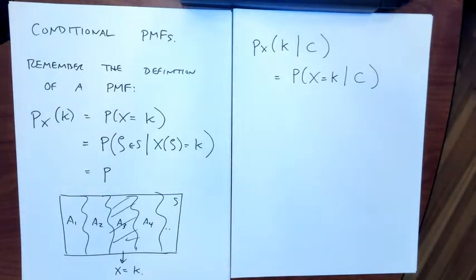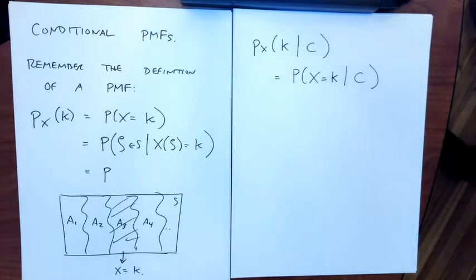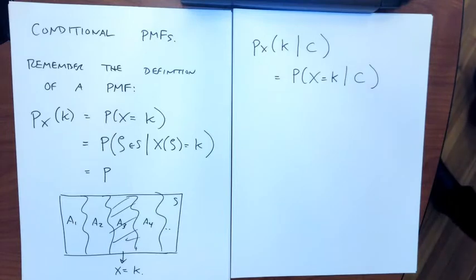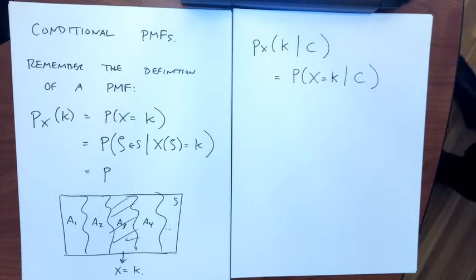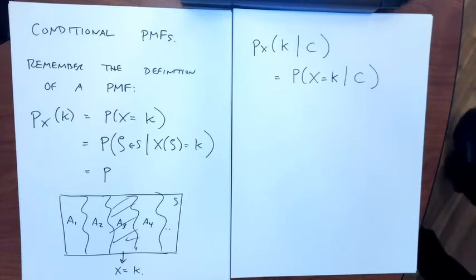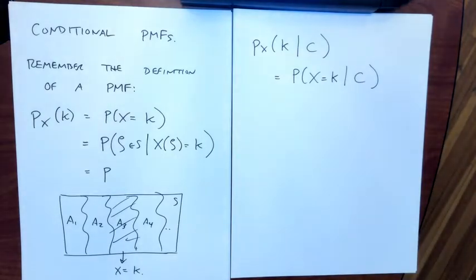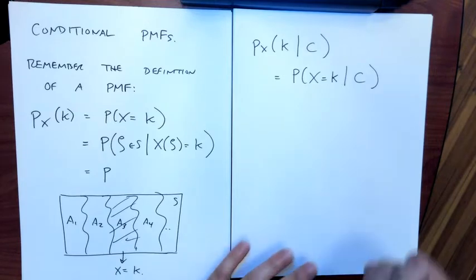So for example, I could ask, what's the probability that it takes 5 more seconds from now to get a communication packet, given that I've already waited 5 seconds? So there's some event and I'm conditioning on that event to find out what my probabilities are. And that concept hopefully is just following on from what we already know.